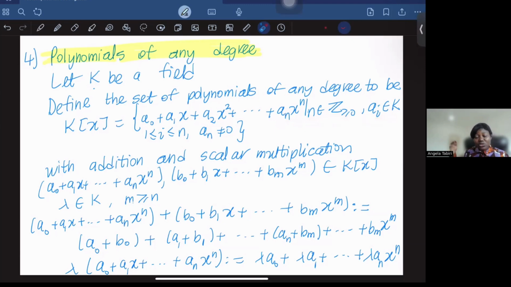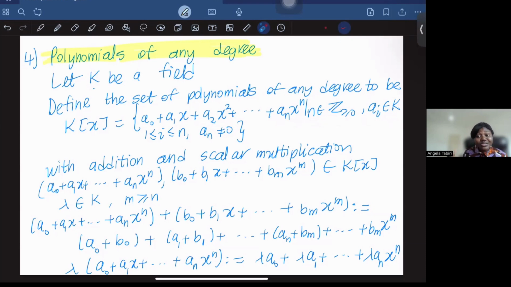So this means polynomials of any degree. You could have degree 0 polynomials, which would be the field. Degree 1 would be linear, degree 2 would be quadratic, cubic, and so on. So that's a very big set.